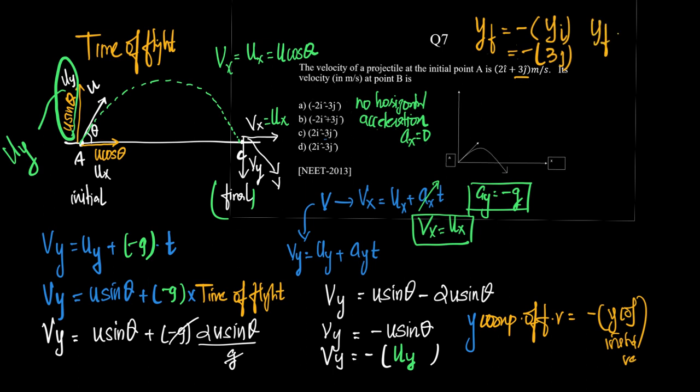So y final will be equal to minus 3j, and we know that vx is equal to ux. What is ux? According to the question it is 2i. So we have the correct option where 2i and minus 3j, which is option D again. Okay, so that would be another explanation for the same.